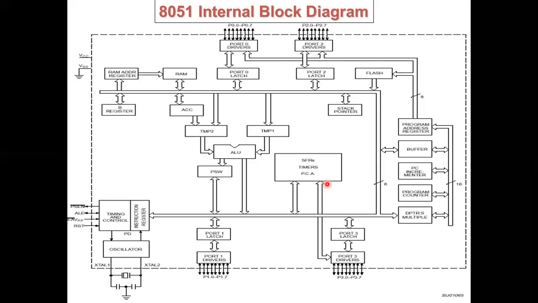Okay, then timers. For counting operations, they are using the timers. In 8051 we have 16-bit timers, so timer 0 and timer 1 and counter 0 and counter 1, depending on the operations. Timer 0 acts as two 8-bit timers, TL0 and TH0.